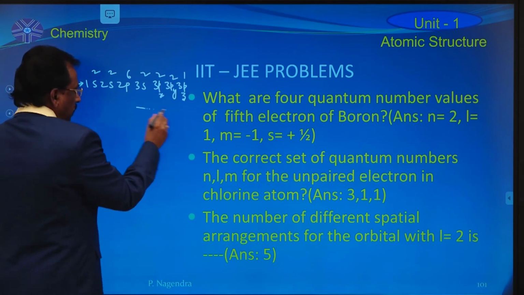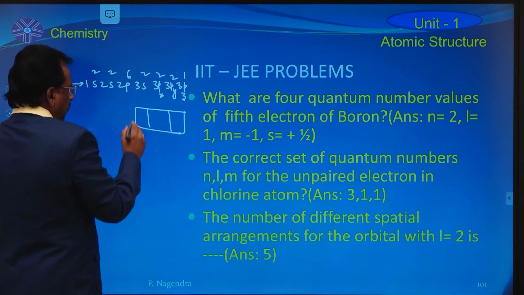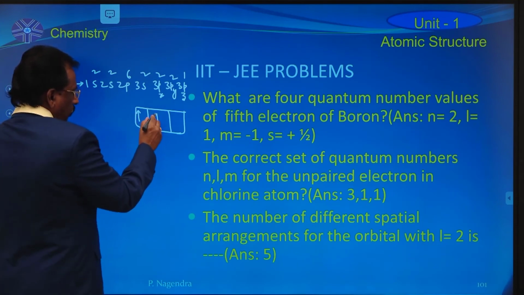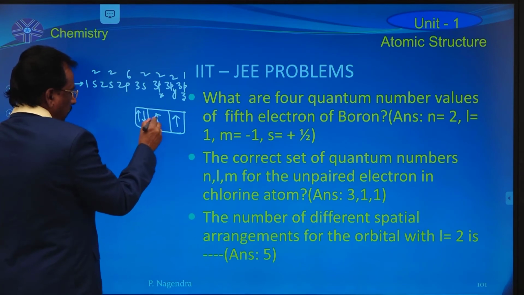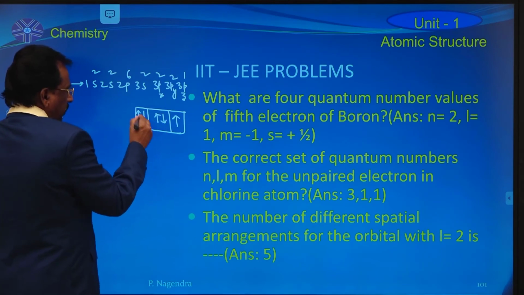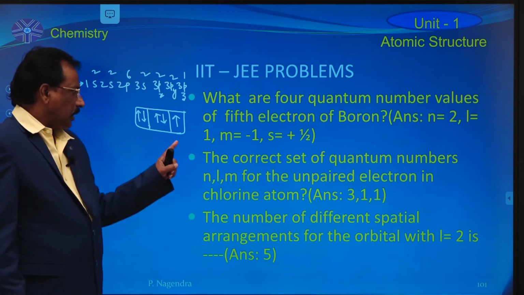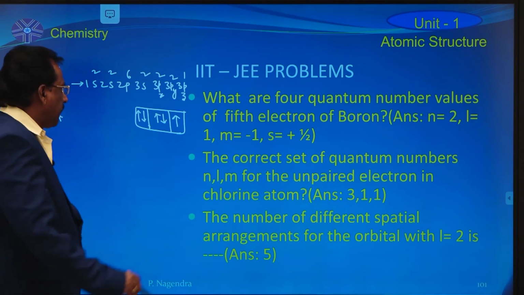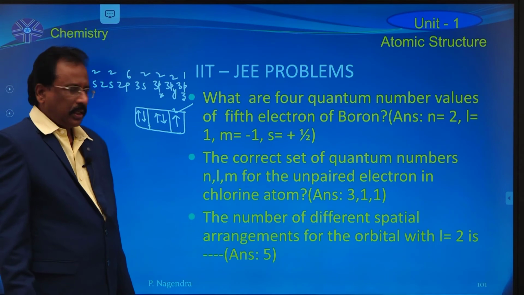That means the 3p subshell containing 5 electrons, 1, 2, 3 according to Hund's rule. This is the 4th electron and this is the 5th electron. So here the question is, what are the n, l, m values for the unpaired electron? Now this is the unpaired electron in chlorine.